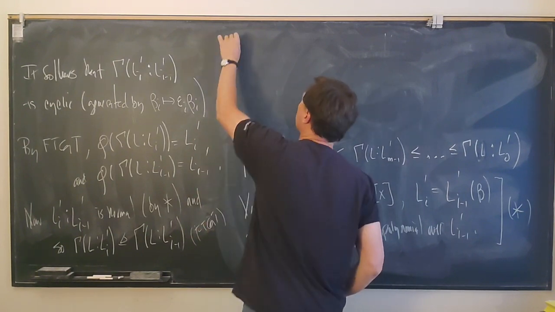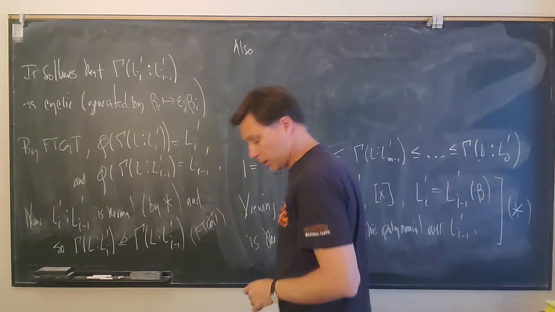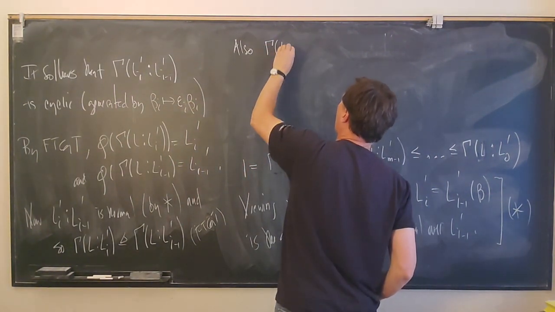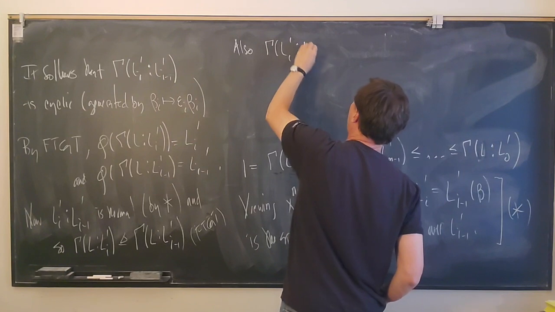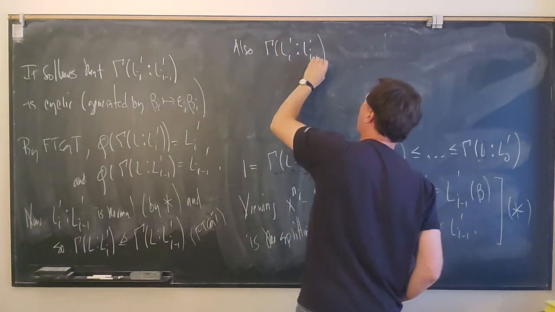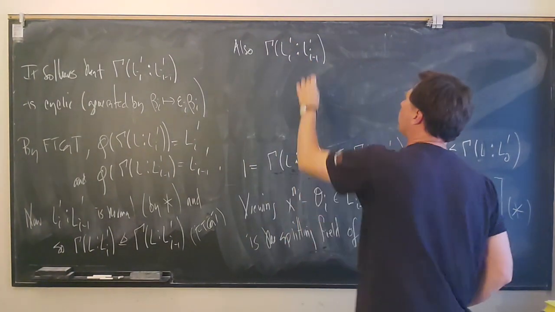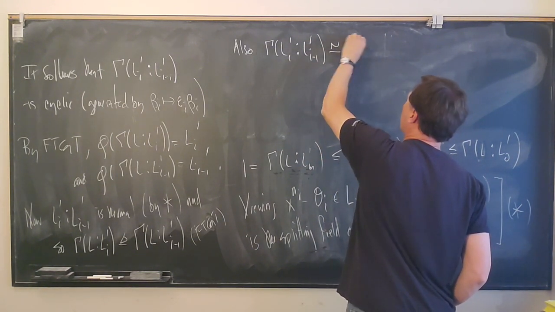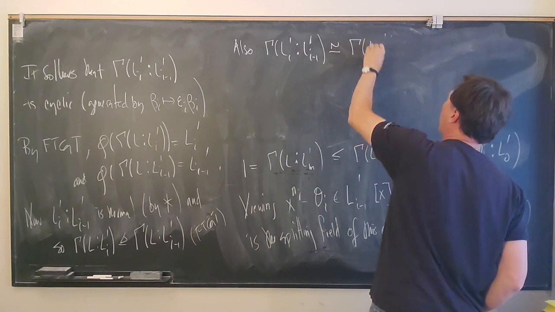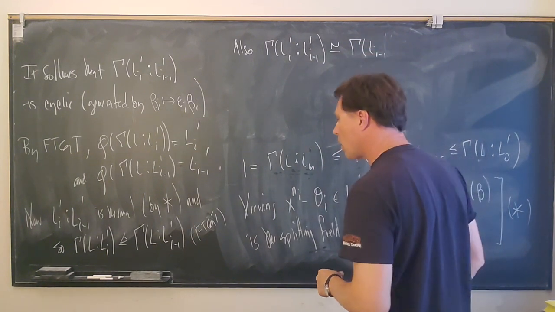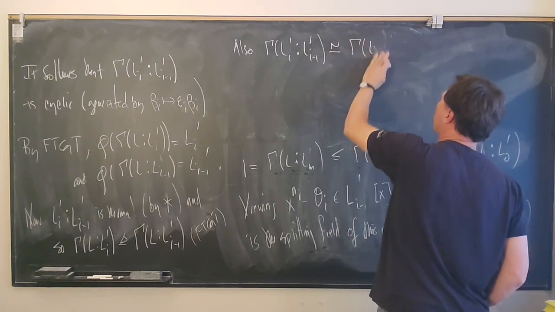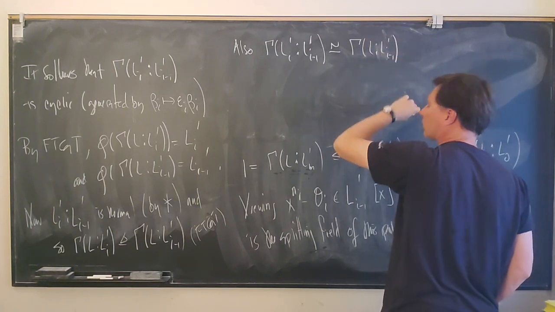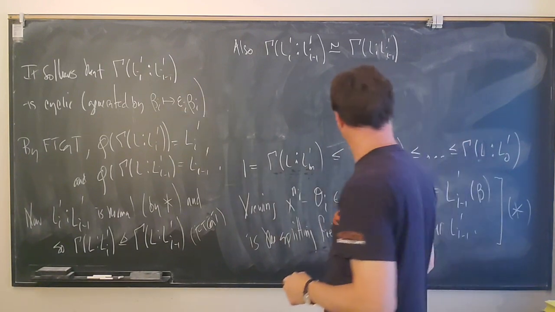So you can say also, when we look at the quotient, what we have is that gamma of L_i prime over L_{i-1} prime is isomorphic to the quotient gamma of L over L_{i-1} prime.